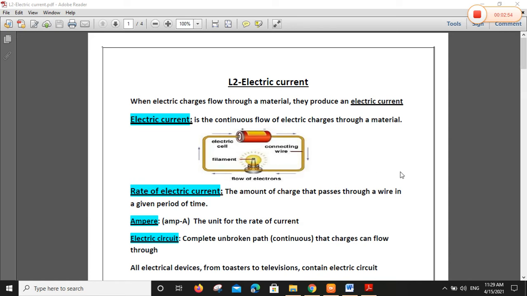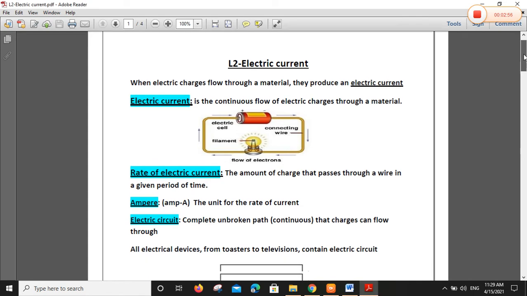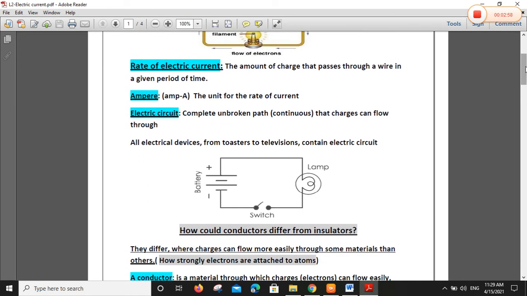All electric devices in your home, from the toaster to the television, the fridge, all equipment contain an electric circuit. So any device operated by electricity contains an electric circuit.